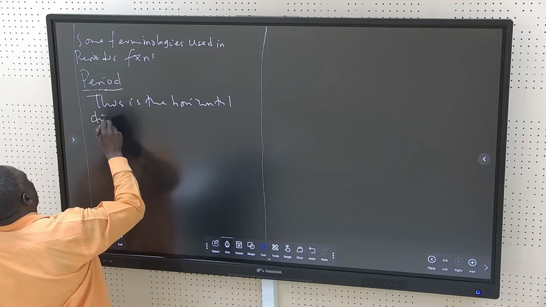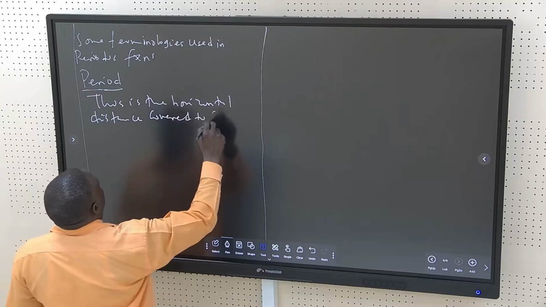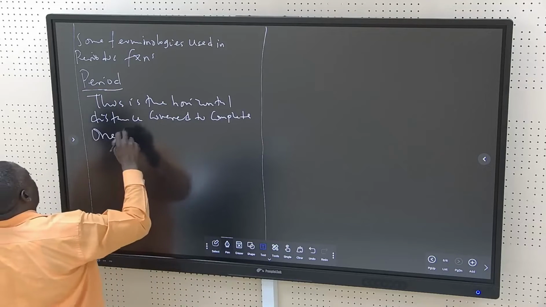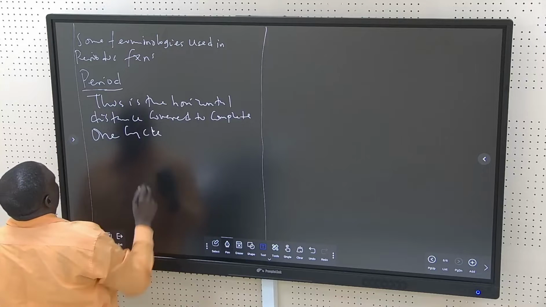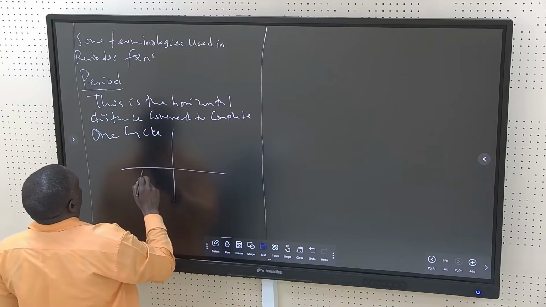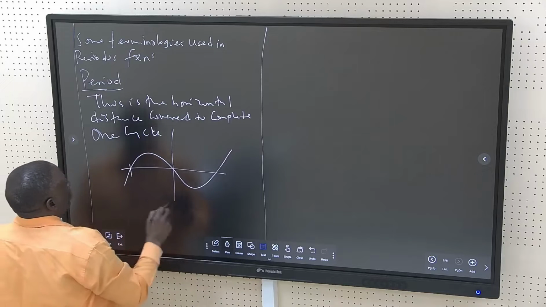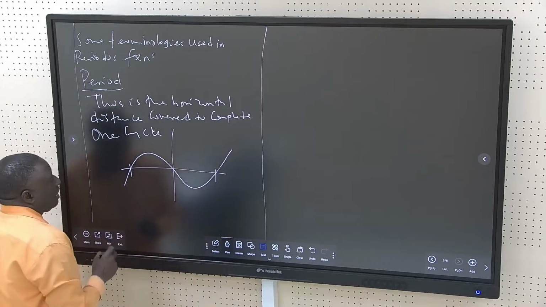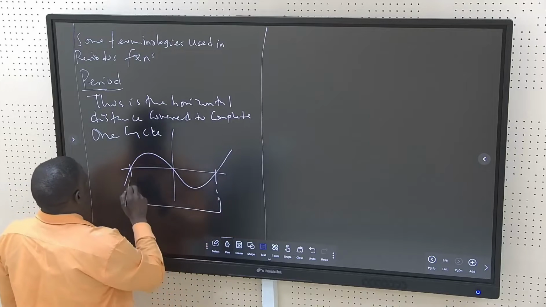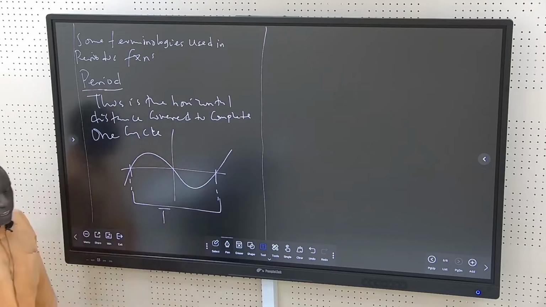This is a period. You see, this is the period from here up to here. We see that we have completed one circle from here up to this point. So we have this period, and we represent it by a capital letter T.